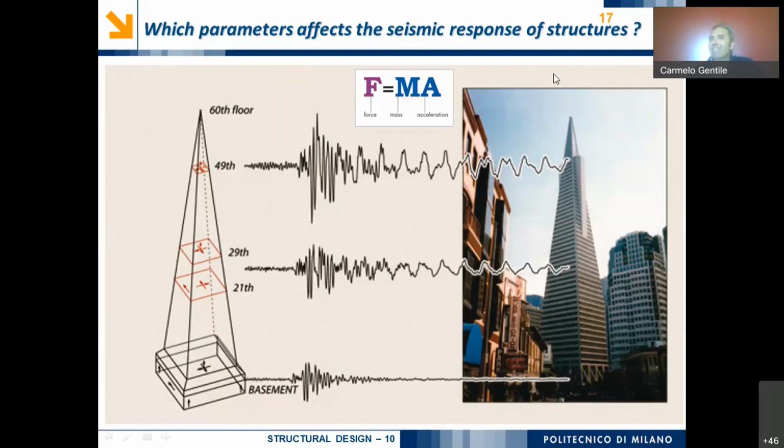So, since there are a lot of parameters that are affecting the structural behavior of a building, I can expect that some of these parameters also affect the seismic response of a structure or of a building.